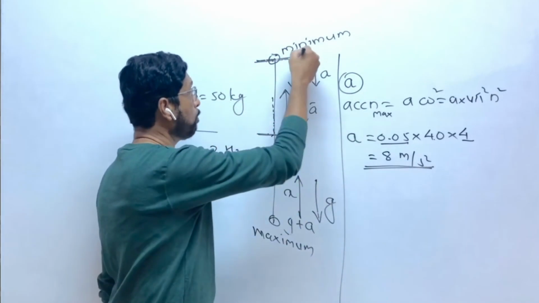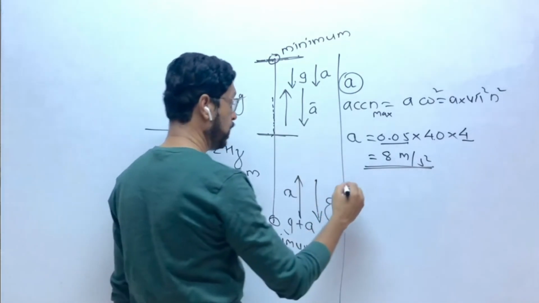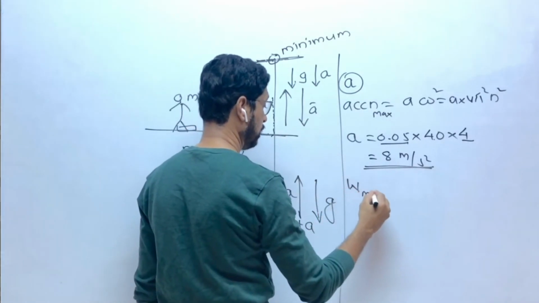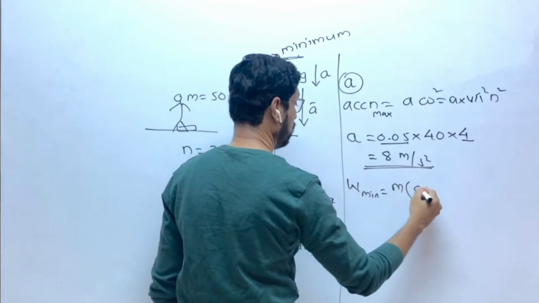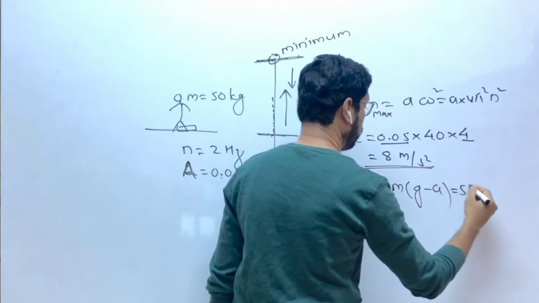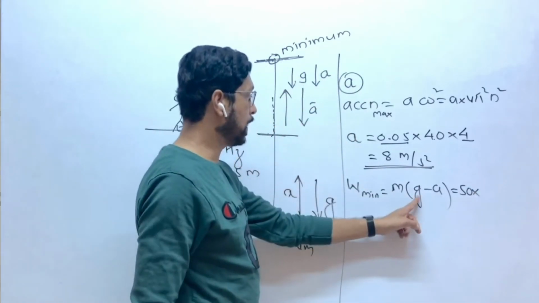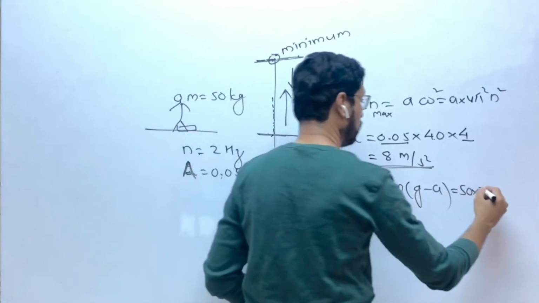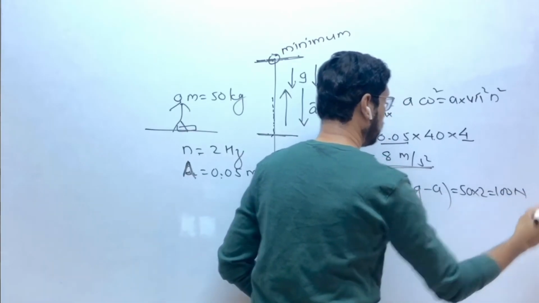So at the topmost position, the weight will be minimum, which is equal to m into g minus a. M is 50 into 10 minus 8, that is 2. So that is 100 Newton.